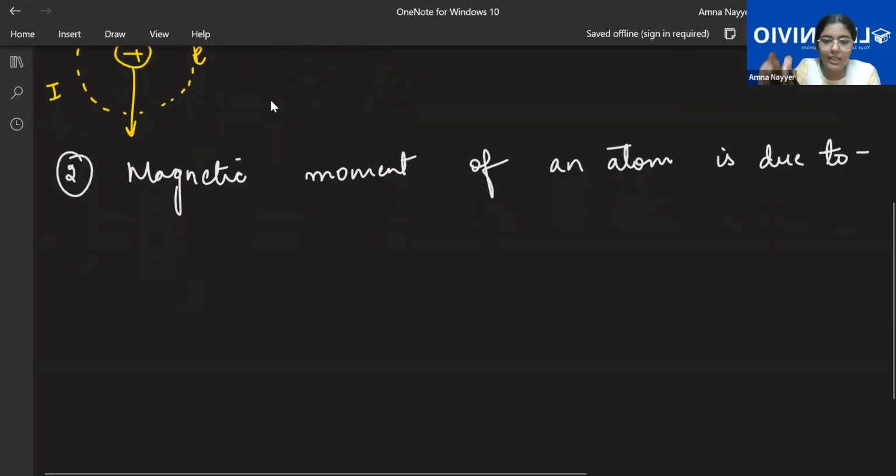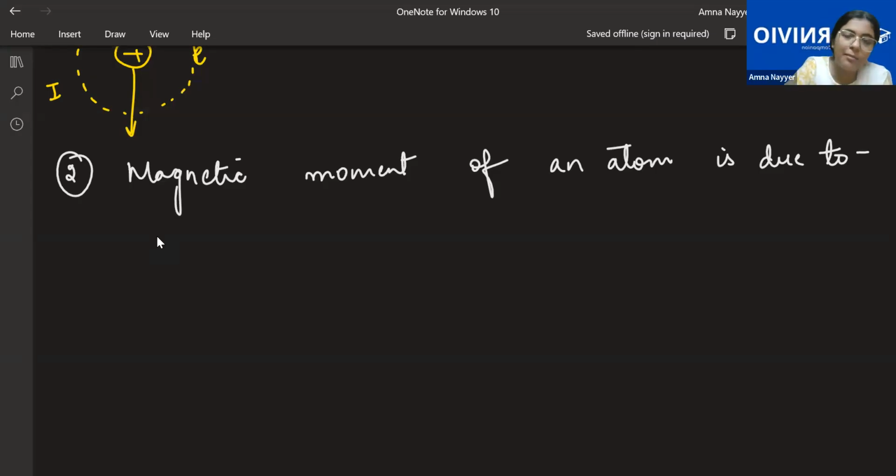Electrons move, it leads to current. Current makes the loop act as a magnetic dipole. When a current is there across a loop, that is the magnetic moment. Remember, we did a question based on a square and a circle.